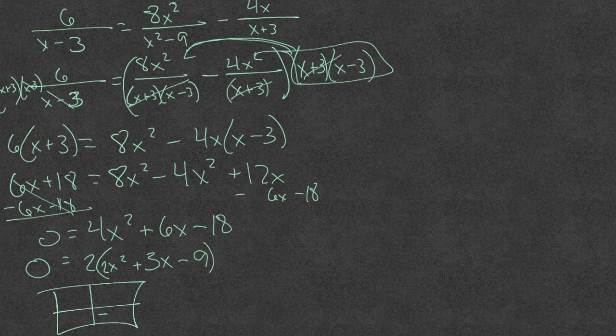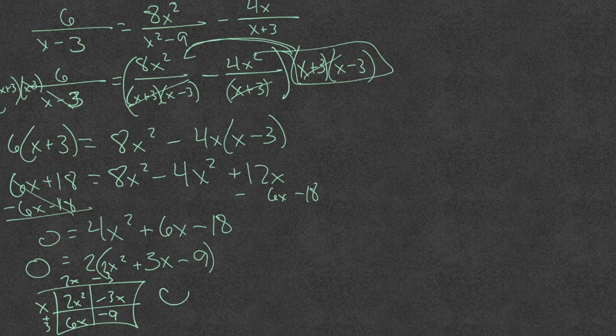Use that box method. What multiplies to get negative 9 when we're left with 2x squared? How do we get a 3x when multiplying these together? We should have a 3 and a negative 3. That gives us 6x and a negative 3x, and that works.